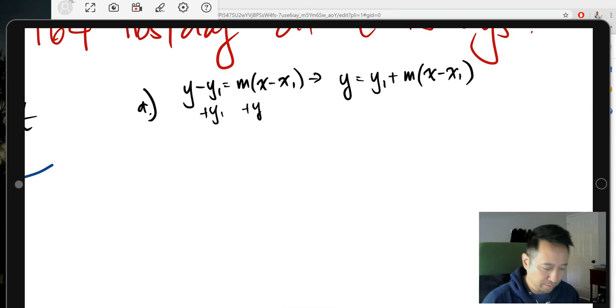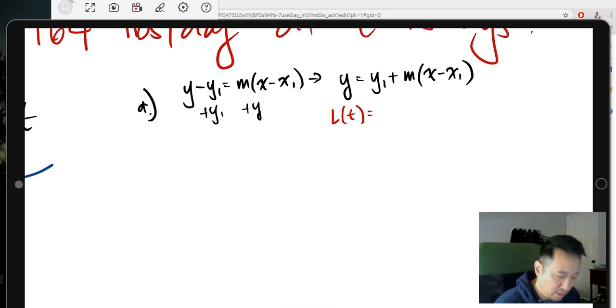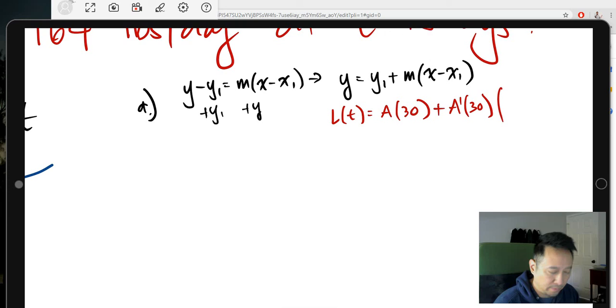In terms of this problem, my y is my L of t. So I have L of t equals y1, which is the amount at 30 days, so A of 30, plus my slope at 30, which is A prime of 30, times x minus x1. My x is t, that's time, and x1 would be 30 days. Okay, so this is my equation.